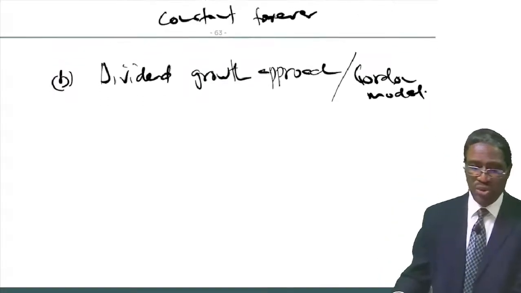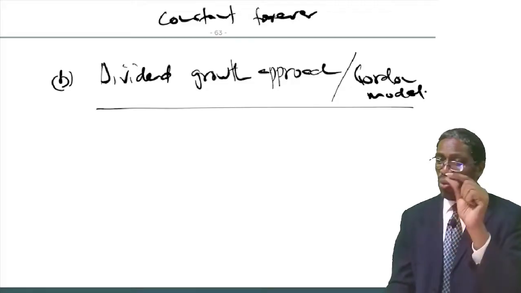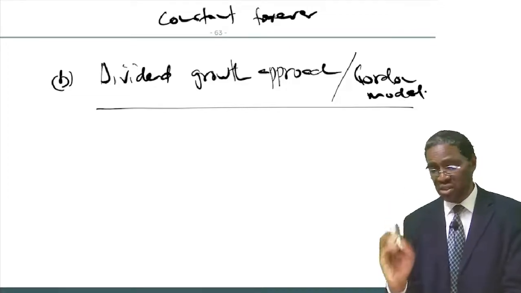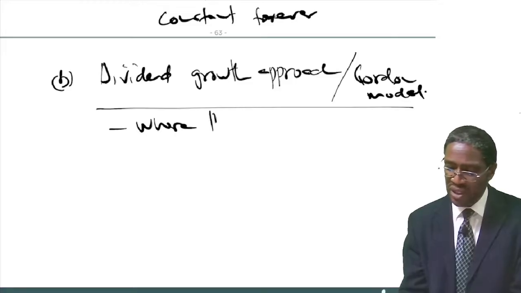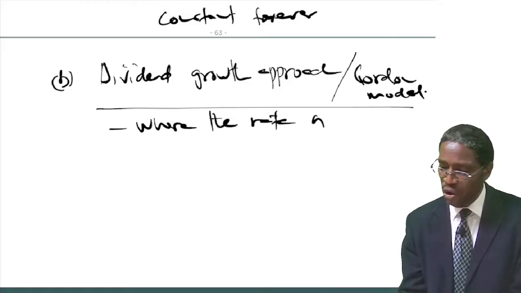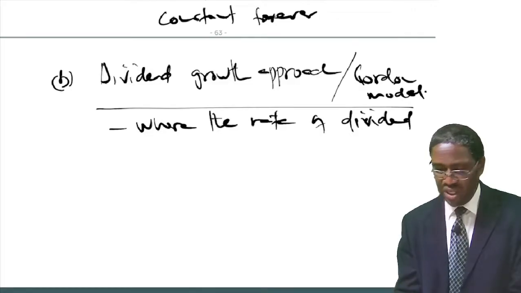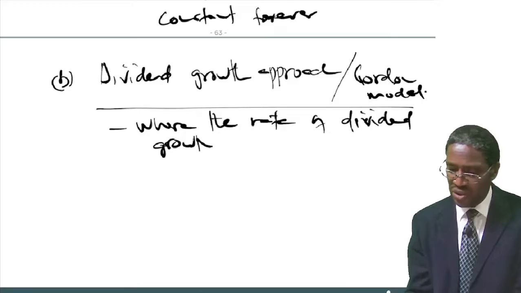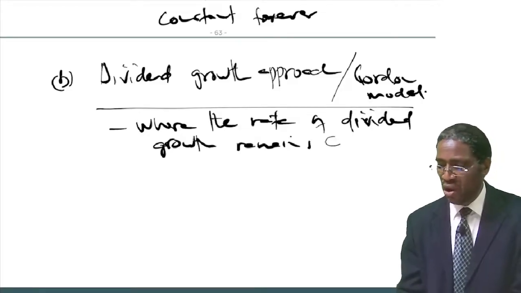We normally use this formula where the rate of dividend growth remains constant.